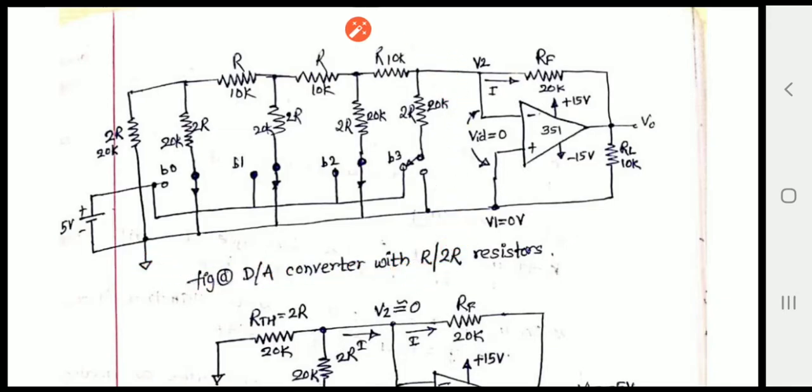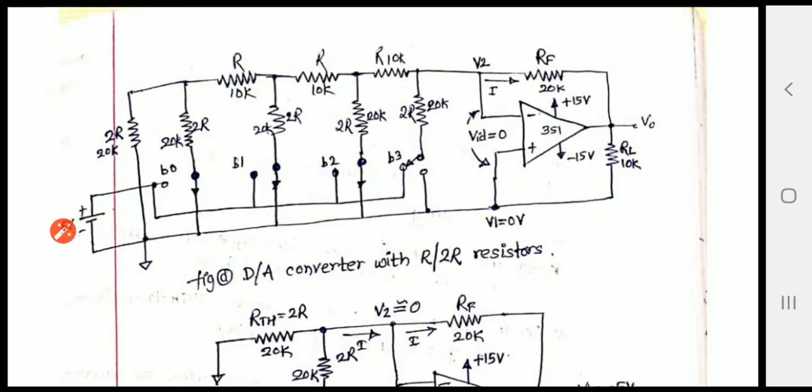Now we will focus on this circuit so that we can find out the output value. Here in this circuit, B0, B1 and B2 are directly connected to ground, whereas B3 is connected to plus 5 volts.